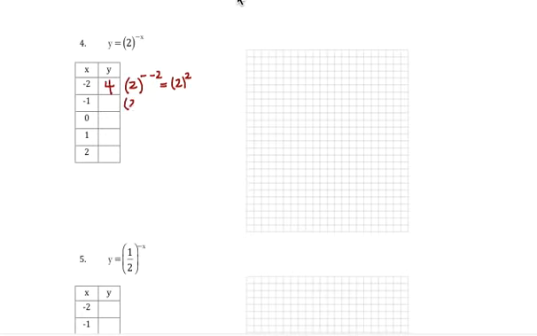All right, 2 to the opposite of negative 1 is 2 to the first power, which is 2. 2 to the opposite of 0, well, that's just 0, which is 1. 2 to the opposite of 1, what do we do here?